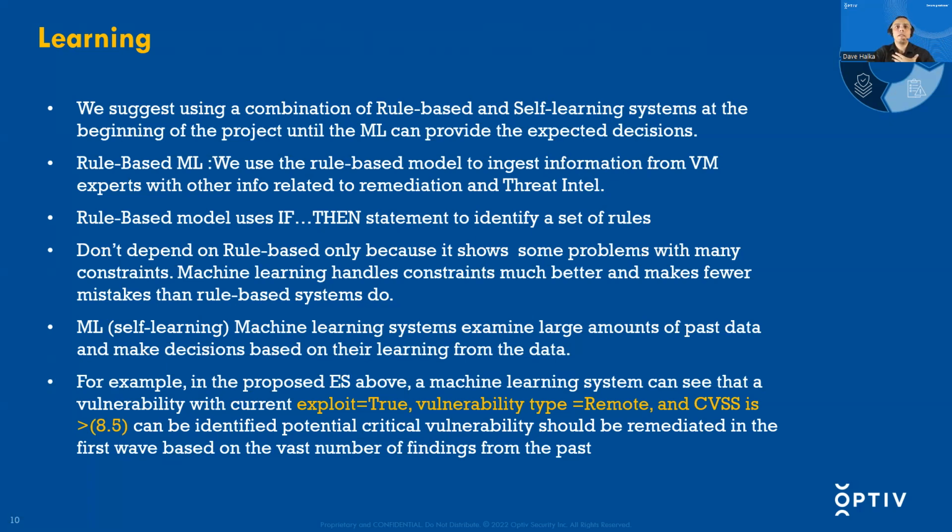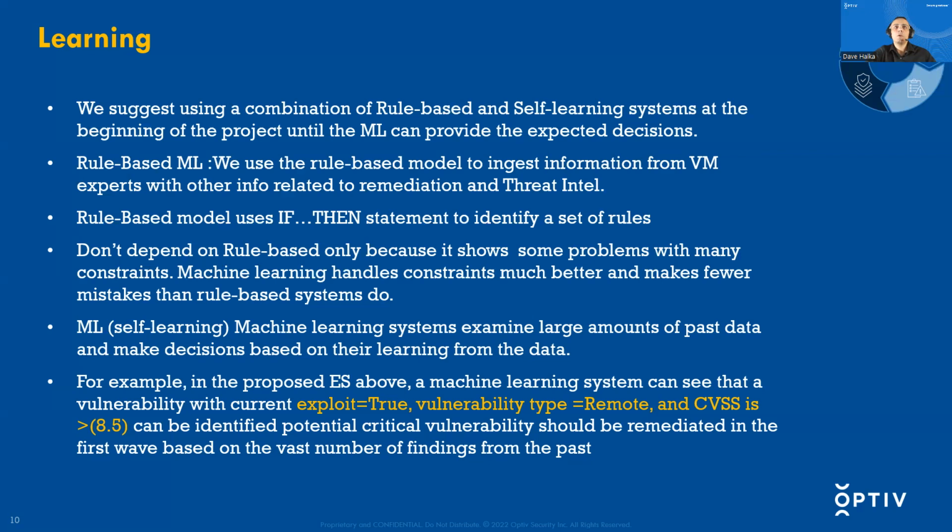So when we find that the error rate is between 1 to 2%, at this point we can stop the rule-based machine learning and use just the self-learning machine learning. So the machine learning will go into the past, see what decision has been taken for the same problem or a new problem, and learn by itself.